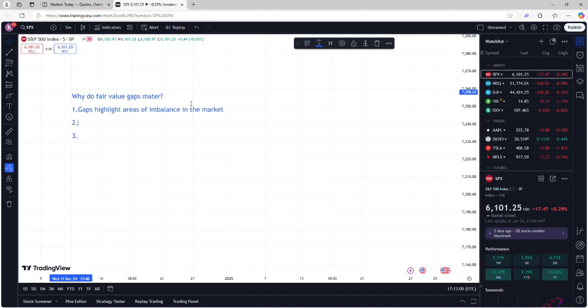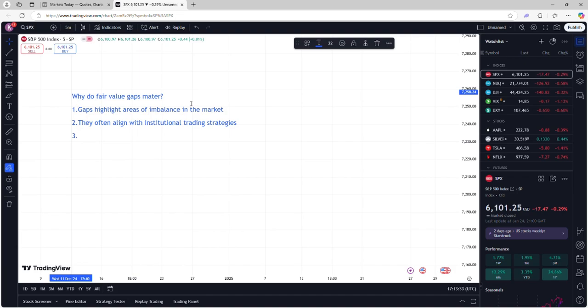Number 2, they often align with institutional trading strategies.